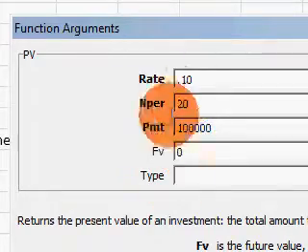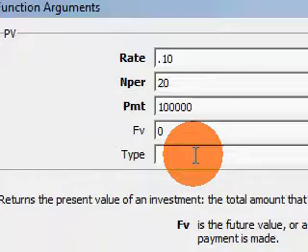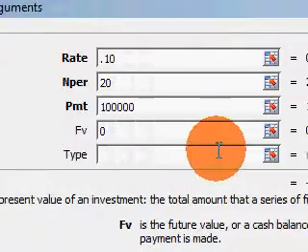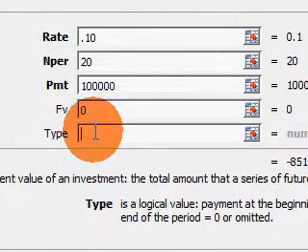Now, as I have it now, this is a regular ordinary annuity. It means that the payment happens at the end of the time period. And you'll notice the $851,000. But when I change the type to 1, that becomes an annuity due. An annuity due just means that the payment happens at the beginning of the time period.